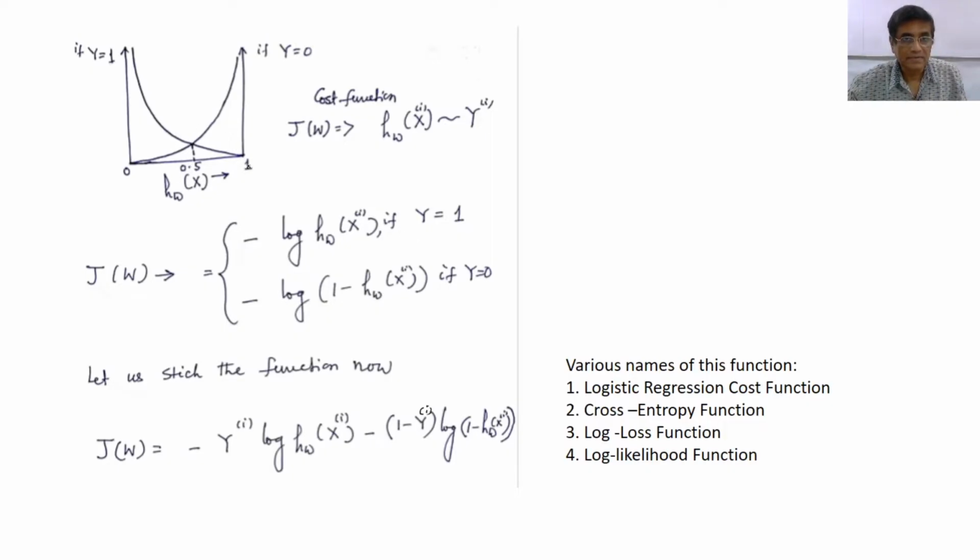This is my predictor. Just to recap, this is class 1. And this is the variation of the log function: minus log h(x, w) is represented by this, and minus log(1 minus h(x, w)) is represented by this.